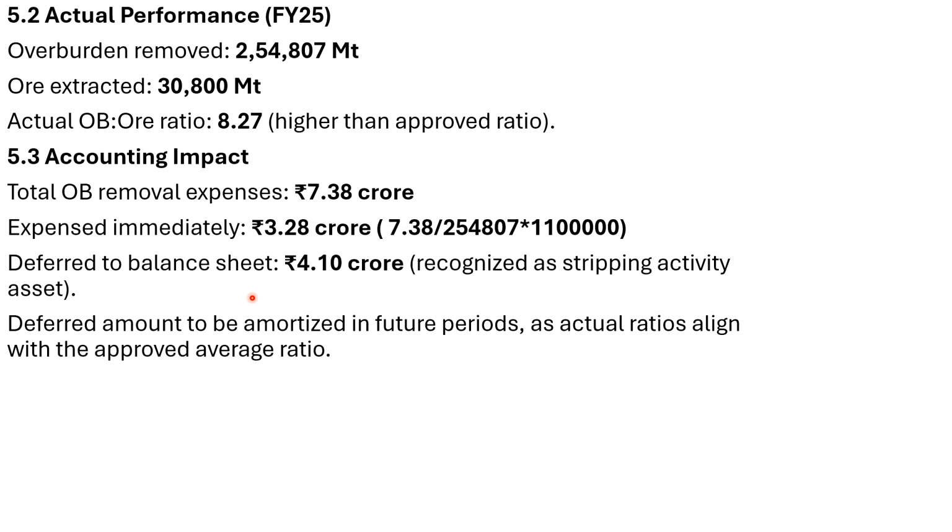Deferred to the balance sheet: 4.10 crore, recognized as a stripping activity asset, and this deferred amount is to be amortized in future periods as the actual ratio aligns with the approved average ratio.